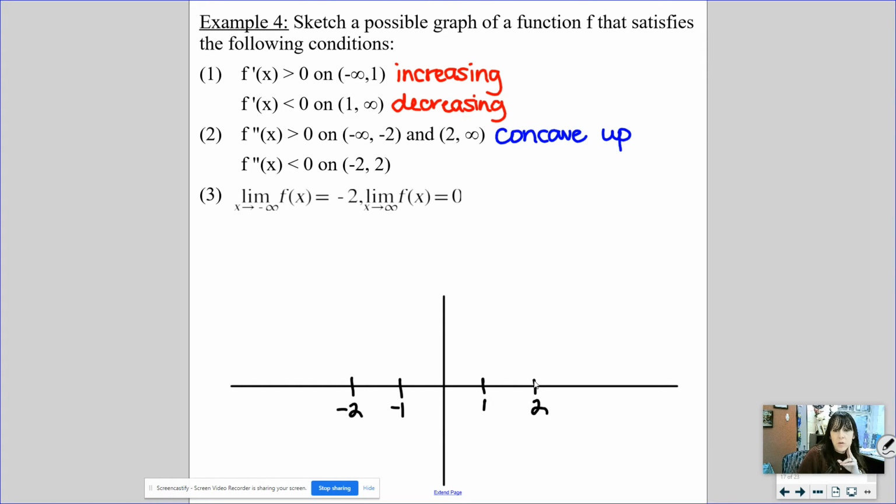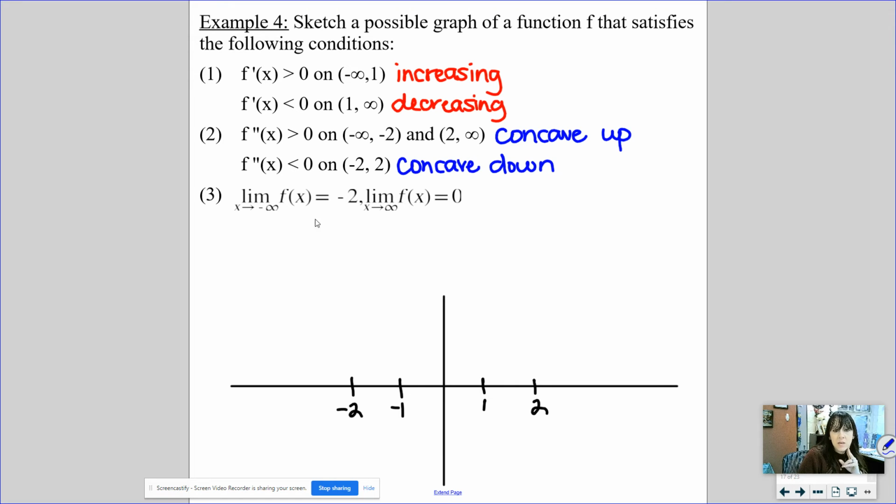So we'll make this 2 over here. Okay, so that's concave up like a bowl shape. And then the second derivative is negative, which means it would be concave down from negative 2 to 2. So that's tricky. I need it to be upside down U, but I need it to still be increasing. Okay, we can work with that.